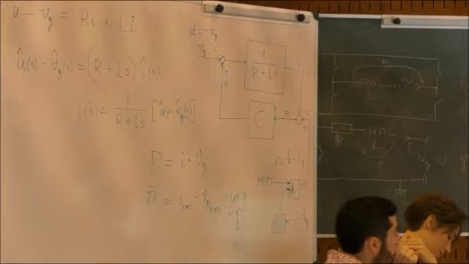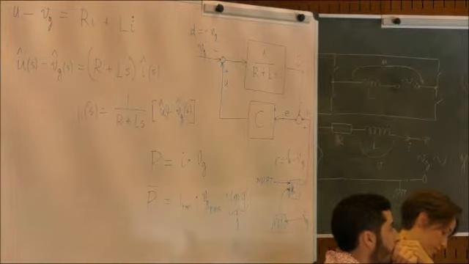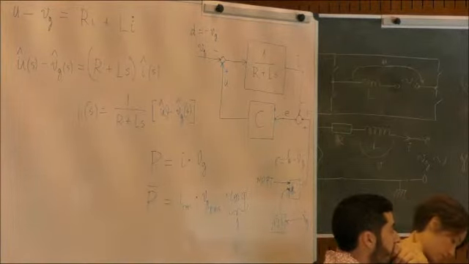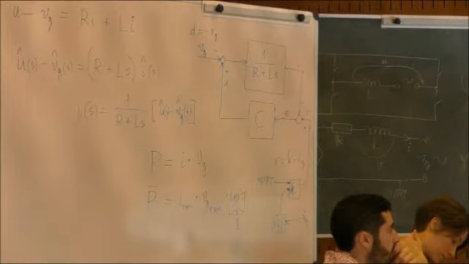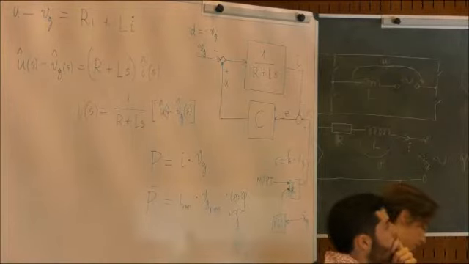Okay, let me mention a closely related situation. Let's say that you have a motor rotating, or not a motor, but some big machinery is rotating, and the mechanical load of this machinery changes with the angle.